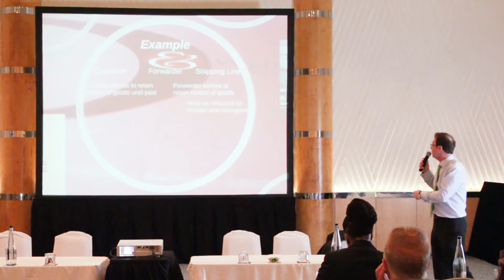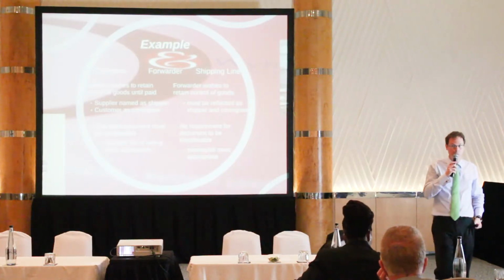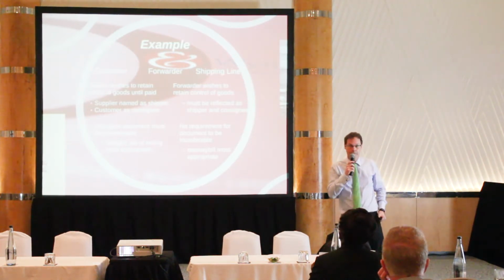Okay, so I'm just going to scroll through this quickly because what I really want to discuss is two or three cases that I had fairly recently. My customer was a freight forwarder. He arranges importation of goods for his customer in South Africa from China.